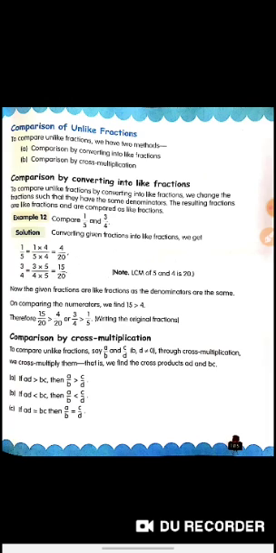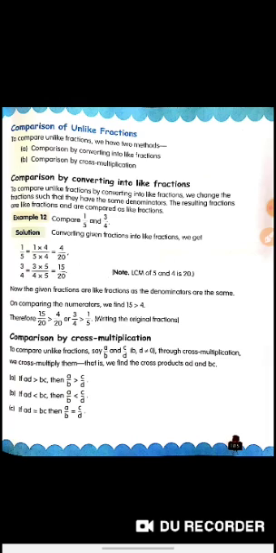Let's see the example. Compare 1 by 5 and 3 by 4. Converting the given fractions into like fractions: 1 by 5 and 3 by 4 are two different fractions which are unlike fractions.